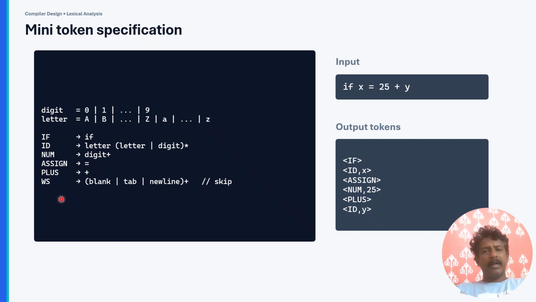Usually white space is recognized but skipped because it is not needed by the parser. So for the input if x = 25 + y, the lexer produces if, id x, assign, num 25, plus, and id y. Okay, hope you understand.